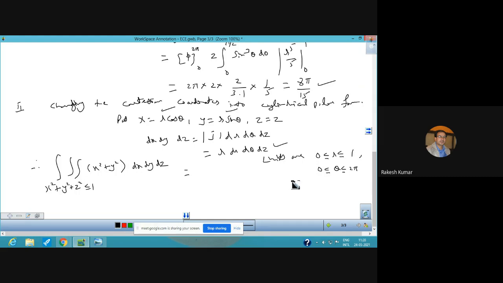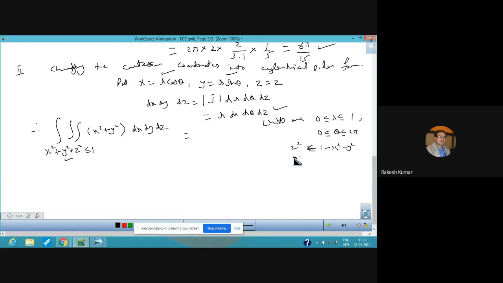Now we know that, from this equation, z square can be written as 1 minus x square minus y square. And you can substitute 1 minus x square, meaning r square cos square theta, minus y square, meaning r square sine square theta.